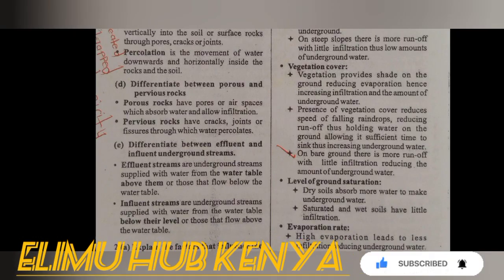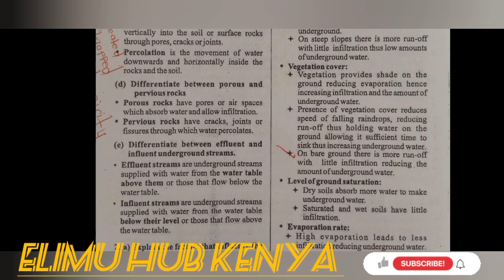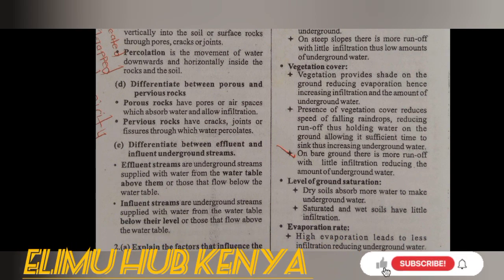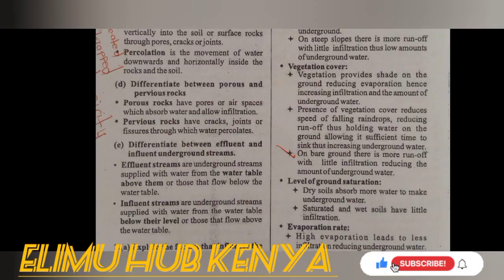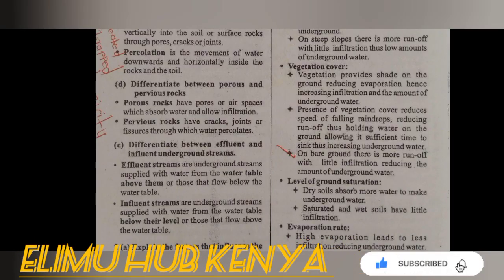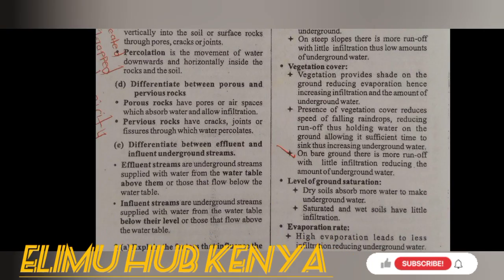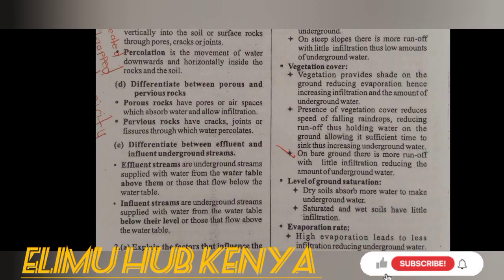The presence of vegetation cover also reduces the speed of the falling raindrops, hence reducing the speed of the surface runoff. As a result of this, it holds water, allowing time for infiltration to take place, and when this water sinks, the overall result is that there will be more underground water.